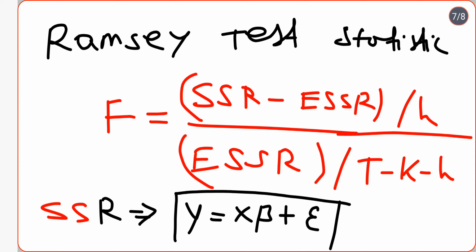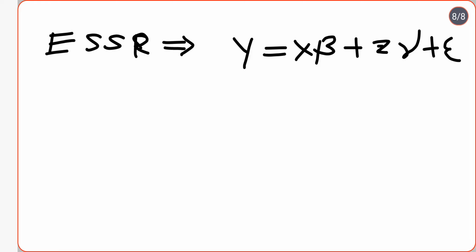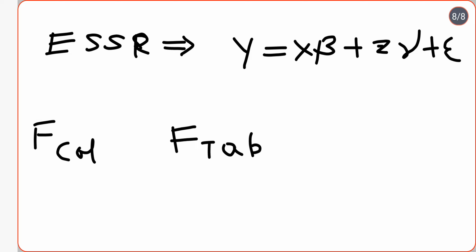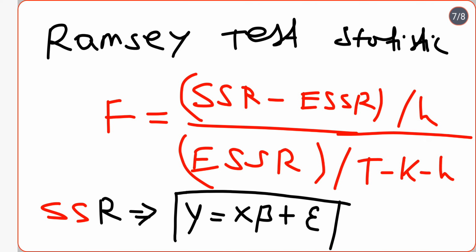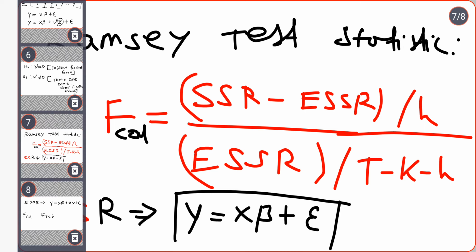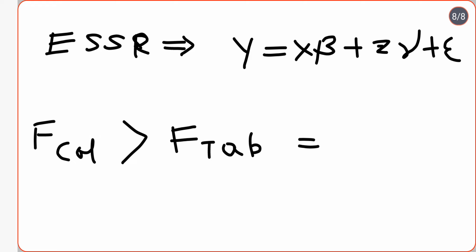And the last step: there is a table value, the tabulated F, and we have to compare F tabulated and F calculated. The value you obtain from this formula is the calculated F. If F calculated is greater than F tabulated, then we reject the null hypothesis, H0.